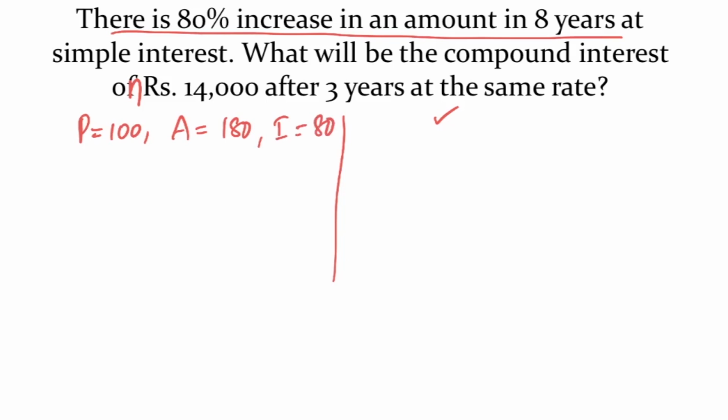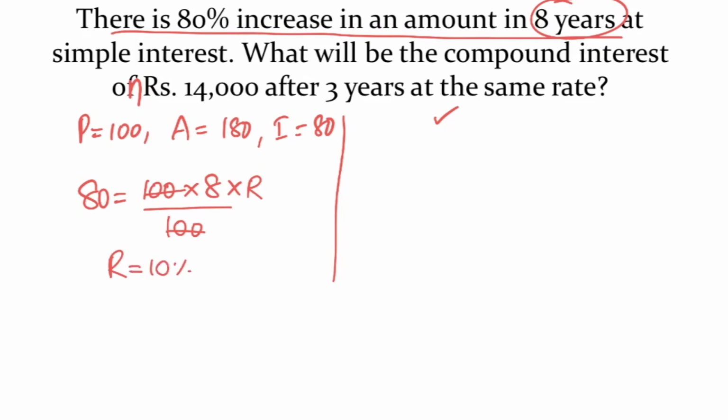Using that condition, I is equal to P into time period 8 years, and rate of interest is required, divided by 100. 2 zeros cancel. Rate of interest is 10%. Now using the same rate of interest, we need to find compound interest for 3 years.